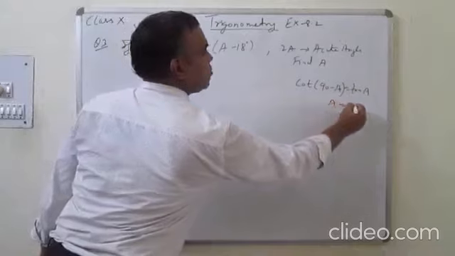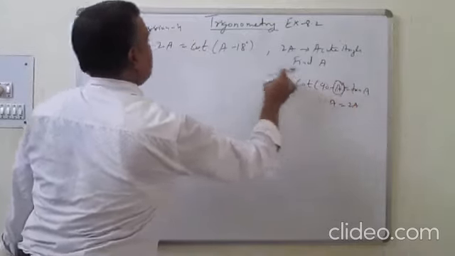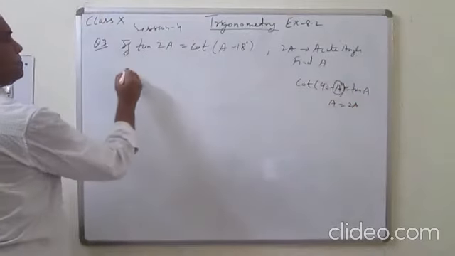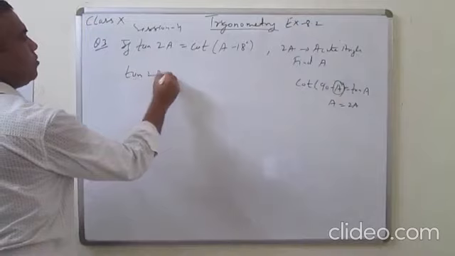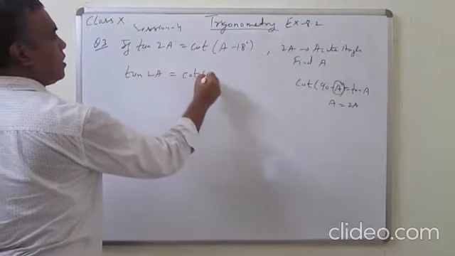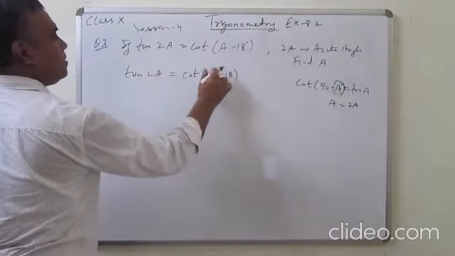Here A is equal to 2A. So we can use the formula. This is the question: tan 2A is equal to cot (A minus 18).